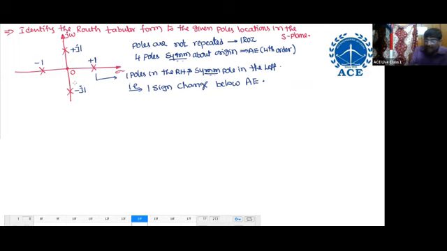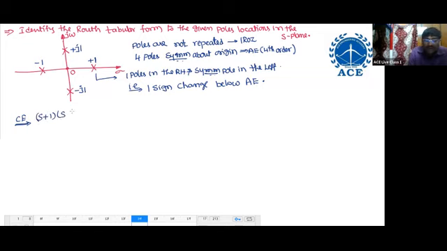So now, what is the characteristic equation? Poles on the imaginary axis: what is the characteristic equation? S square plus 1. Poles on the real axis: what terms do you write now? Pole left, S plus 1.